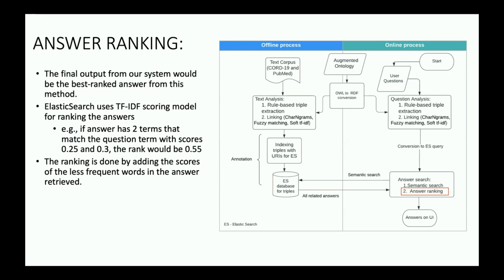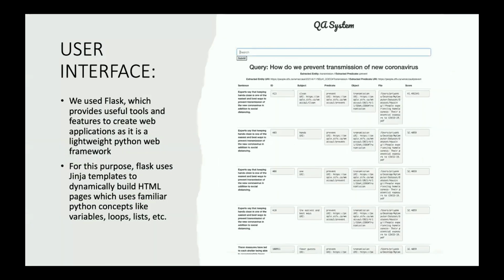To enable users to understand this process, we have provided a user interface where the user can input their query in the search bar provided here and hit submit. It shows what query the user has entered, the entities extracted from it, the URIs for the entities, and the top matching 10 answers.